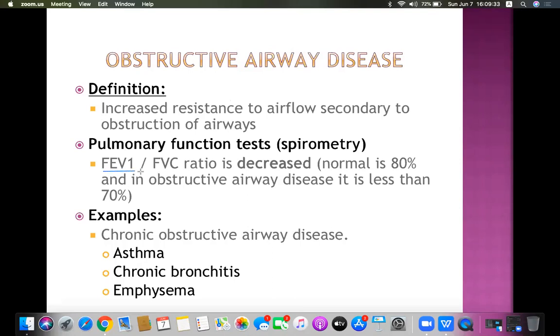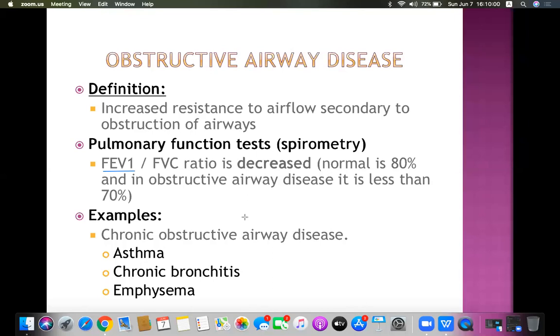If I take the ratio of FEV1 to FVC, forced vital capacity, the ratio is less than 70 in case of obstructive airway disease. Normal people, it is more than 80. But in case of obstructive airway disease, it is less than 70. This is a very important diagnostic point.